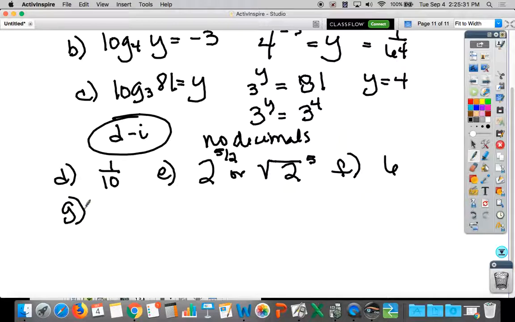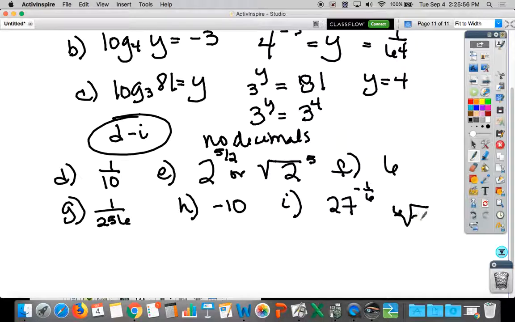G, that was 1/256. H was -10. And I, which was a little bit tricky, I would have accepted to the -1/6 or the 6th root of 27 to the -1 power.